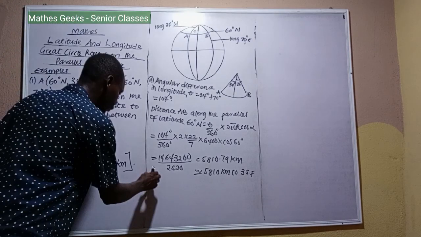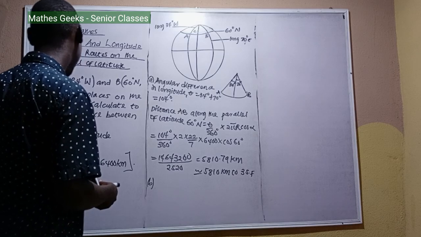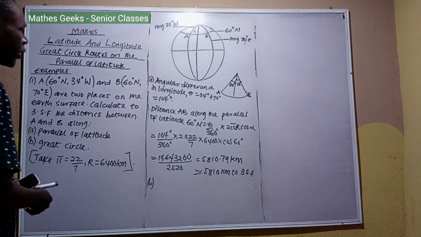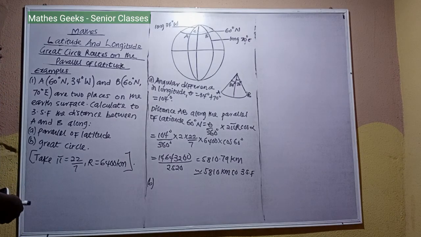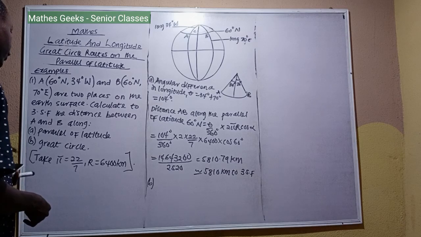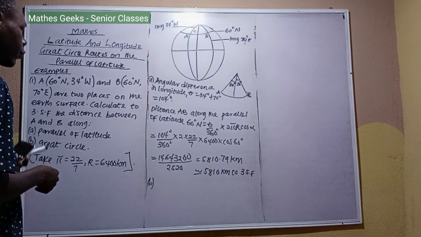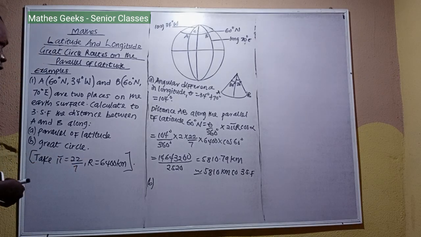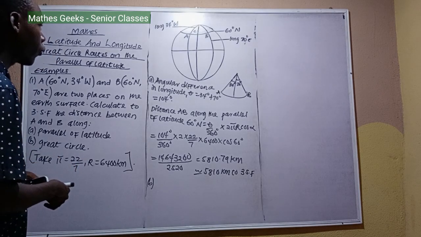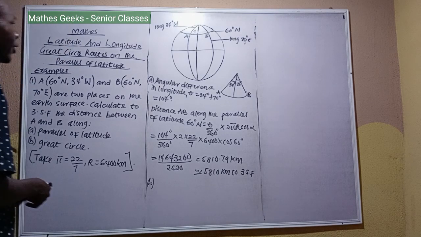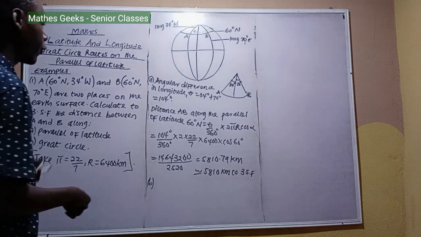Alright, so let's go to B. Now B says we should calculate the distance AB along the great circle. Anytime two points are on the parallel of latitude and we are asked to calculate the distance between those two points on the great circle, we are still going to use the same formula, but our working will be different from how we would solve it if the two points were lying on the same longitude or measured from the equator.